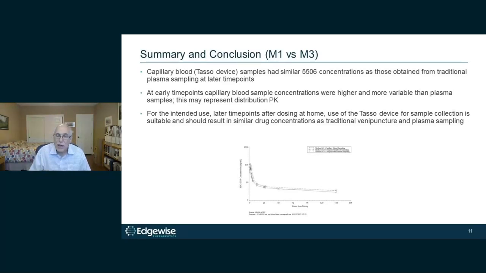So the capillary is sensing a higher degree of variability of the sample based on other studies as well.